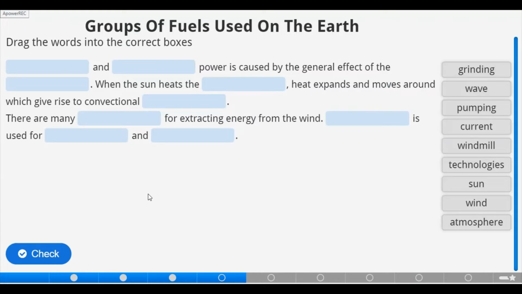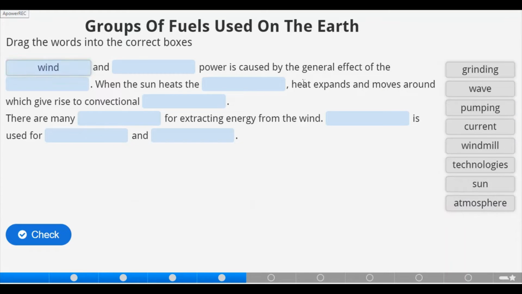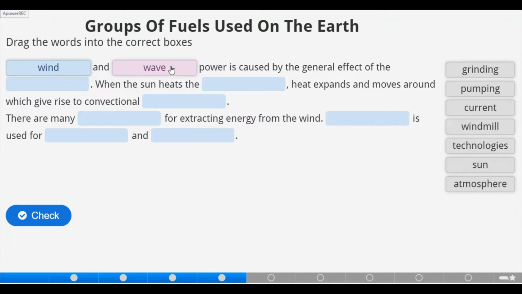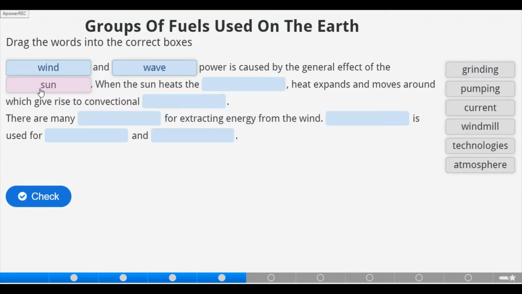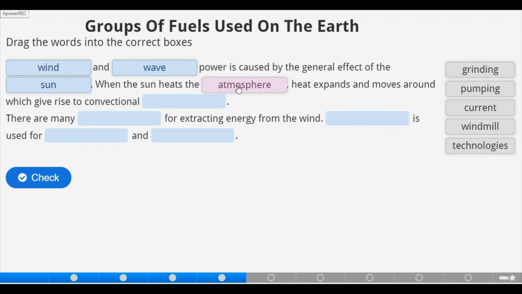So we move on. We have to drag the following words into the correct boxes. Okay? Wind and wave power is caused by the general effect of the sun. When the sun hits the atmosphere, it expands and moves around, which gives rise to convectional.